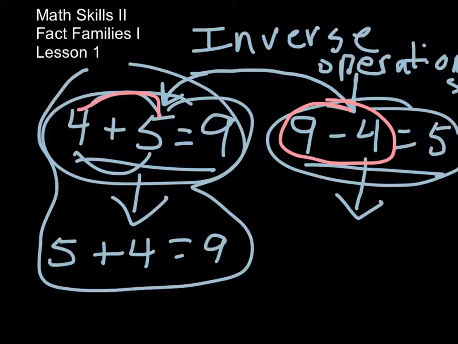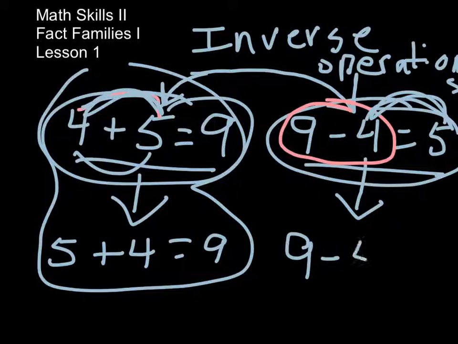For example, I can switch these two digits, same thing as what I did over here. You see a little pattern there. So I could say that 9 minus 5 is equal to 4, which is a true statement. So all we're saying here is that a fact family is a combination of digits to form other equations using the same digits. And you'll get a better hang of this as we go along.